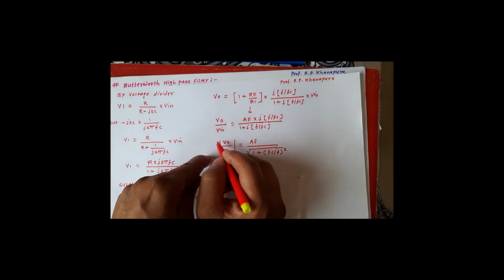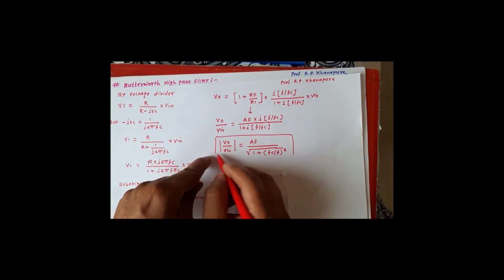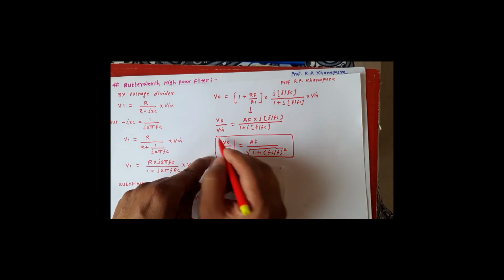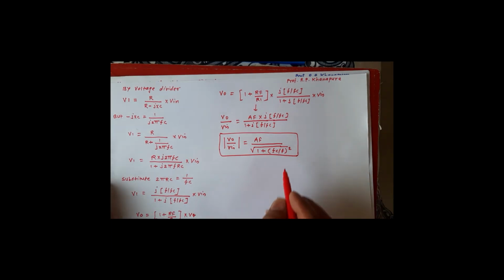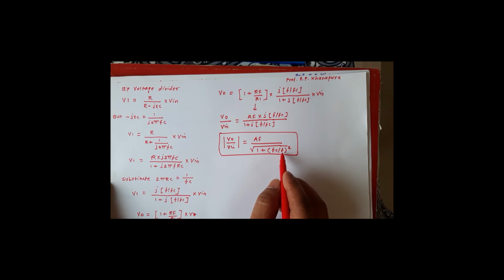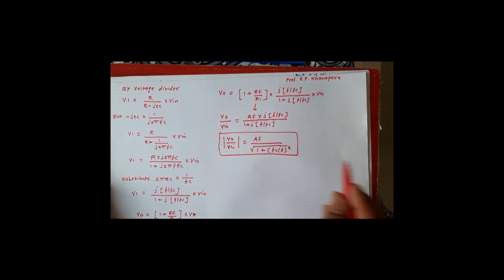So this equation is the magnitude of voltage gain of the first order high pass Butterworth filter, where f is the operating frequency and fc is the cutoff frequency. So this is called a Butterworth high pass filter, which is first order.